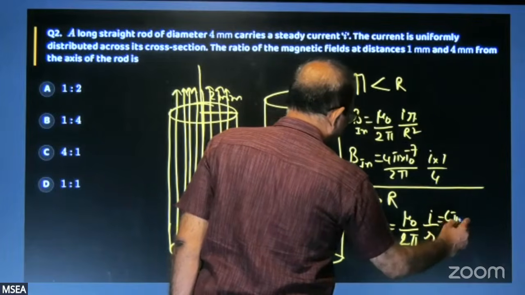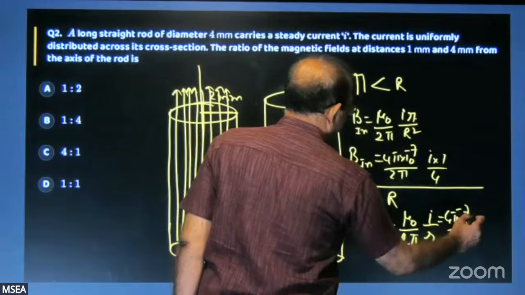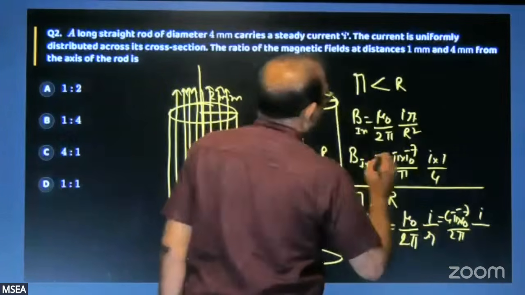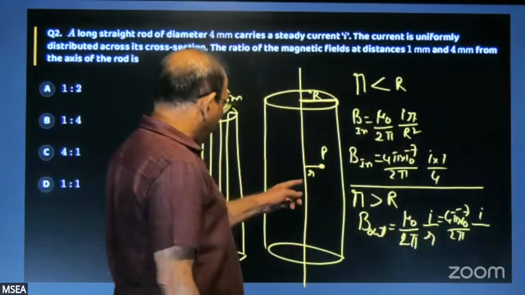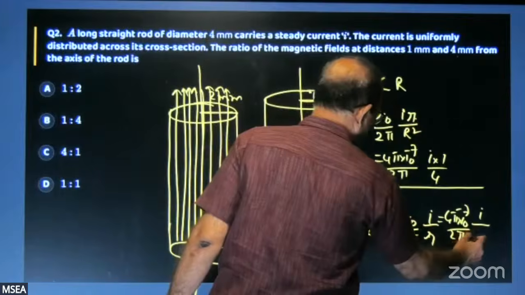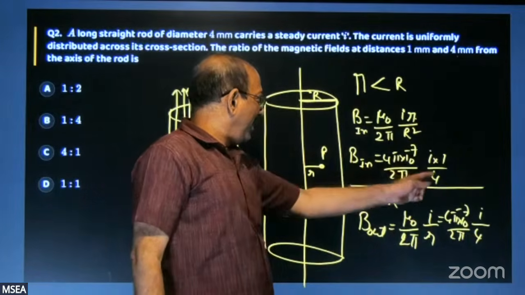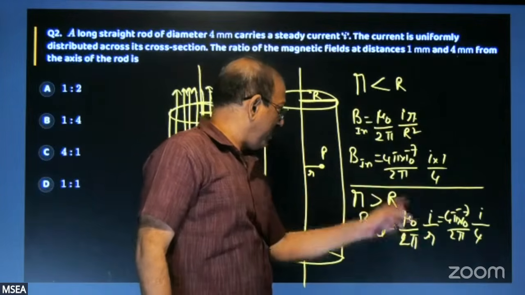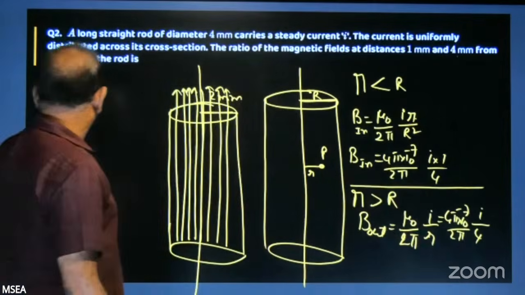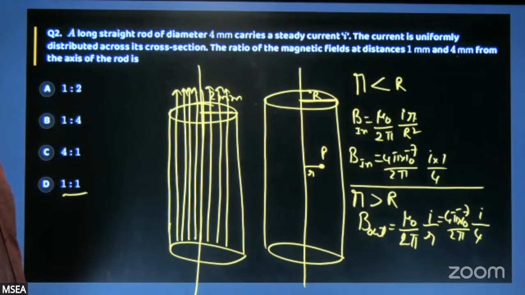Okay, this is 4 pi into 10 power minus 7 by 2 pi into current I by, that point is at how much distance from the center? That small r, how much is given? 4 millimeter given. Arre, I'm getting the same. Inside I by 4, outside also I by 4, ratio is 1 is to 1. Fourth option.